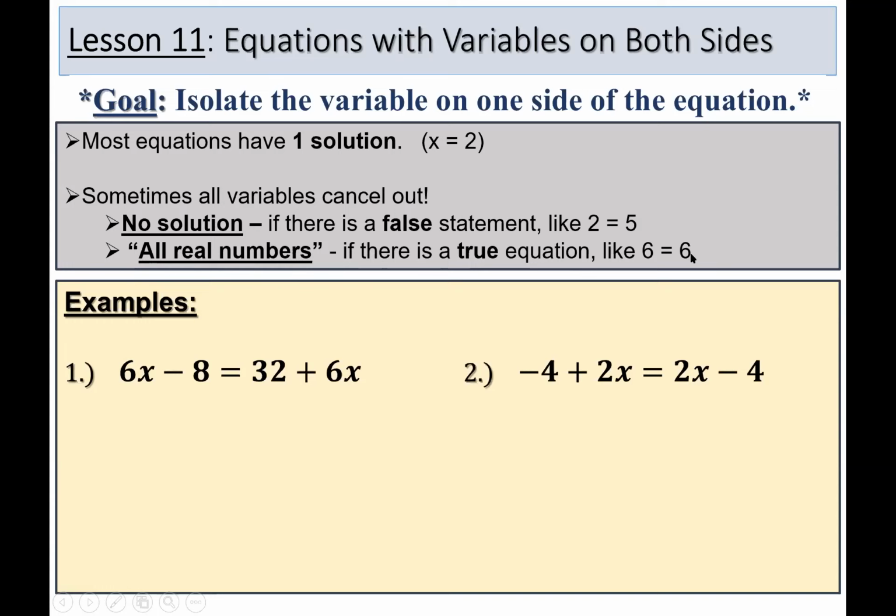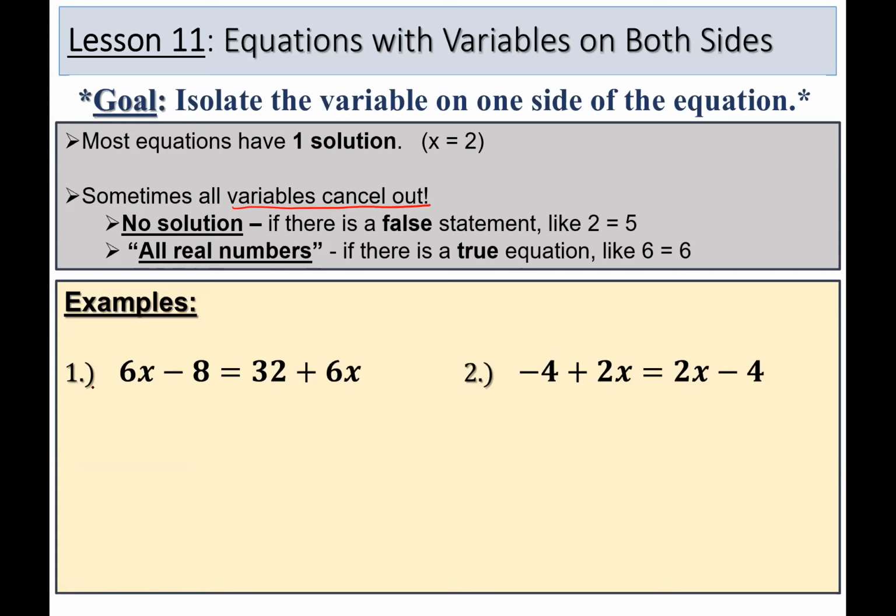Now again, these situations are kind of rare, but they happen in a very specific situation where your variable cancels out. So no solution or all real numbers, those might be your answers if your variables totally disappear from the problem.